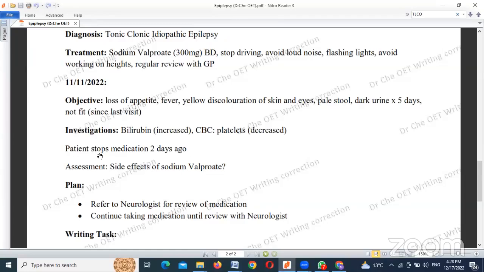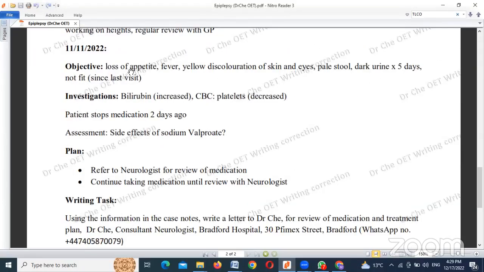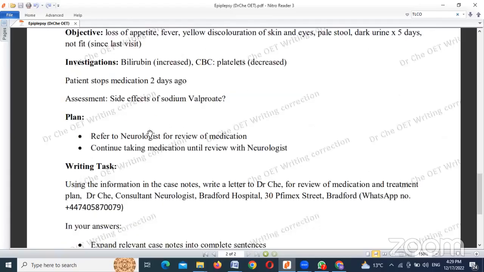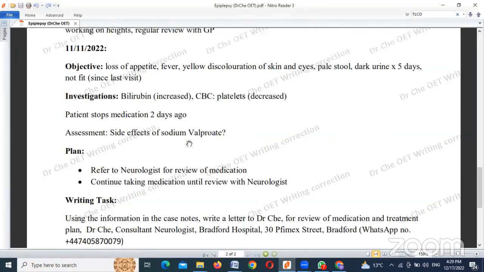The patient stopped medication 2 days ago. The assessment is side effects of sodium valproate. These are the possible side effects this patient is experiencing now. The plan is to refer this patient to the neurologist for review of medication, and we advise the patient to continue the medication.